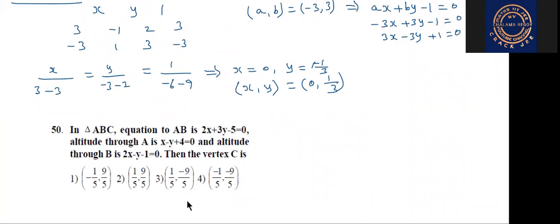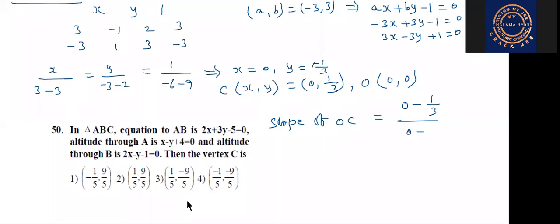Say this point is C, and O is the orthocenter, 0 comma 0. Slope of OC, how much? y2 minus y1 by x2 minus x1. This is undefined, not defined. The slope is not defined.